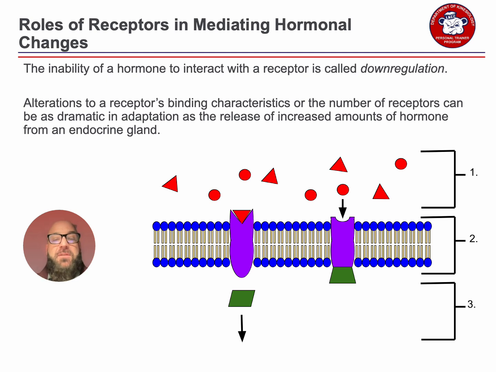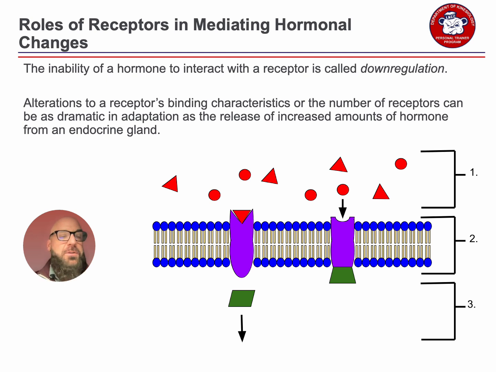They're going to have different shapes, and then you're going to see inside those receptors the purple portion, right, the different shapes. And then at the bottom, once the hormone is connected, that releases some sort of signal, which you're seeing on the left-hand side in 3. If the receptor can't interact with it, that's just called downregulation, and that can happen for a few different reasons.